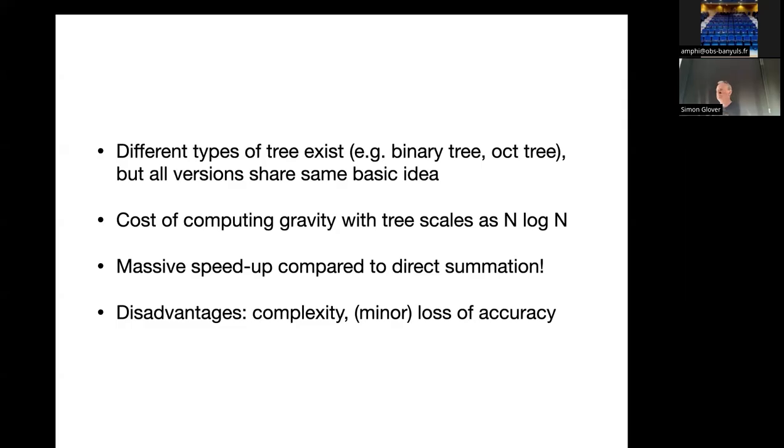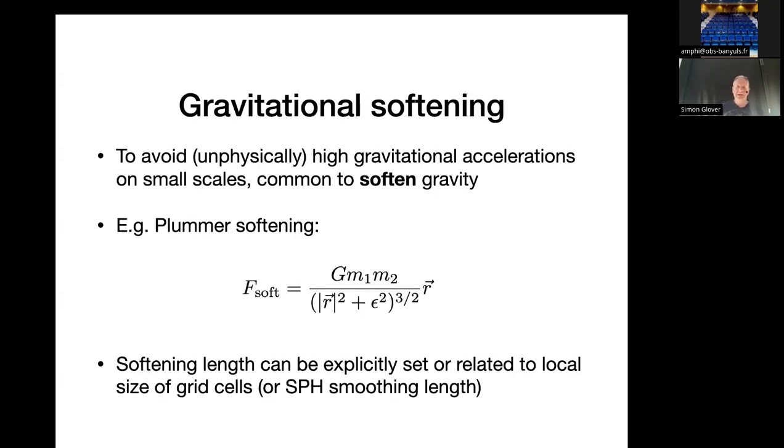So we do this when we have to, but for small n systems, if you're interested in just the interaction of a small cluster of stars that you form within a cloud, you might well use a direct summation solver to do the individual interactions of those stars and only worry about using the tree for the larger scale gravitational influence of the gas. Okay, but in principle, all of that's straightforward. There's not too much to be aware of there.